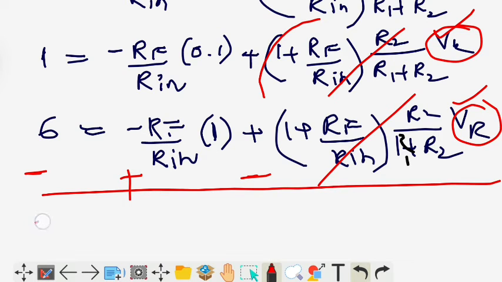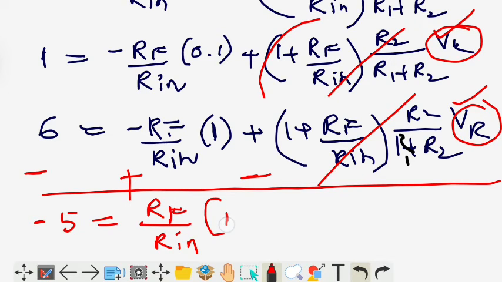Now it becomes minus 5, equal to, taking the common Rf by Rin, 1 minus 0.1.